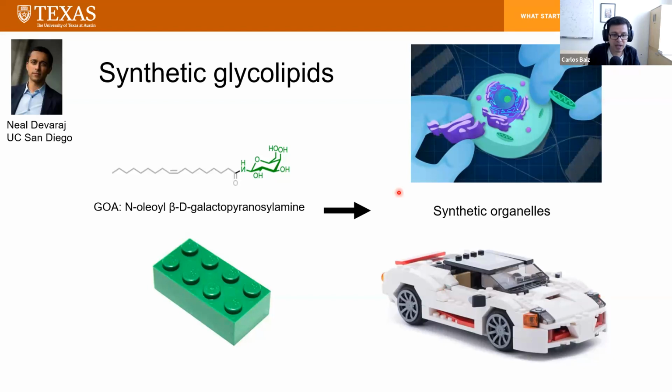So we like to use this analogy of having different Lego pieces and putting them all together to be able to create something that maybe resembles an organelle. Of course, this is a very ambitious goal, and I'll tell you up front, we're not there yet. But we think we've made some steps in understanding how the structure of the lipid, as well as how the composition is able to determine the morphology of the structures that we make.